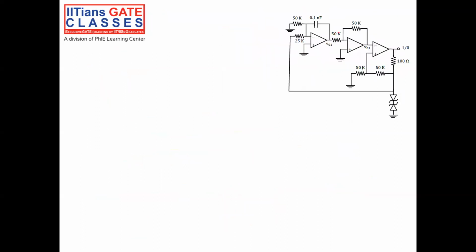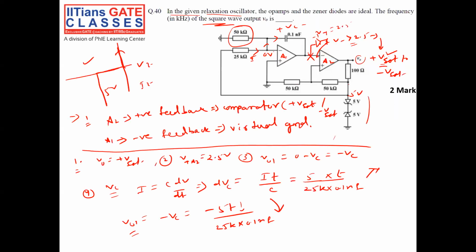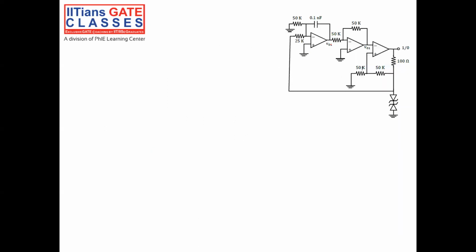This is V01. I cut it here. At this point, I am introducing one inverting amplifier of -1 gain. I introduced this amplifier to make my negative terminal go on increasing when my V0 is positive.